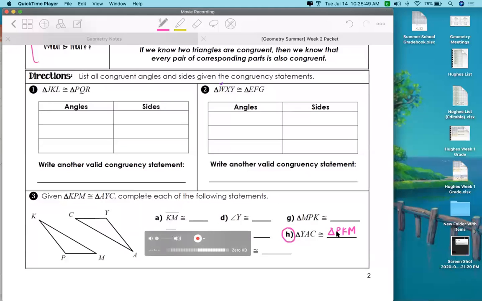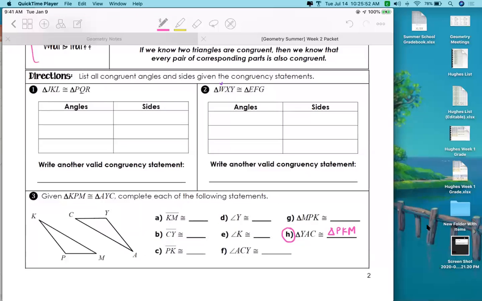Okay, P is the first letter because Y, like, oh, let me use my marker. You see how we started with Y first? Y in my triangle, like in this statement, Y is in the middle. So that's why I start with the middle of my first triangle.